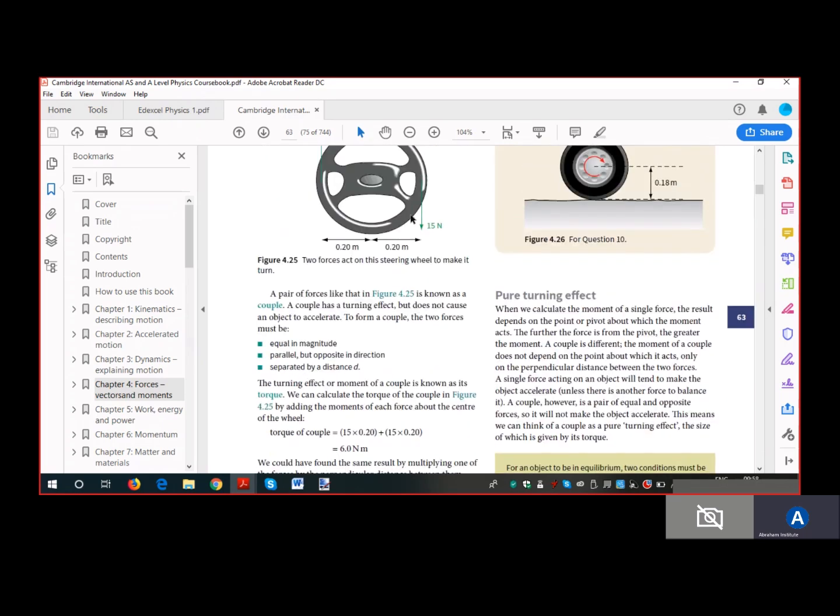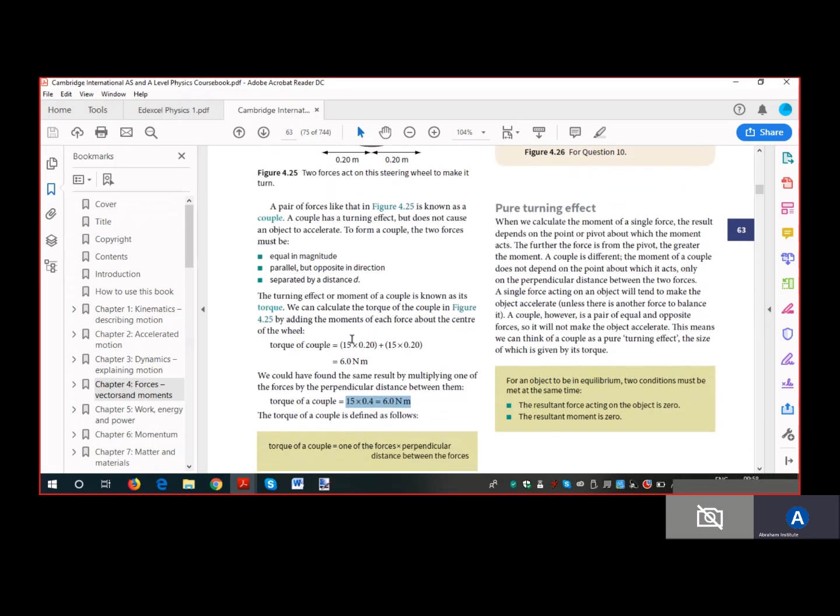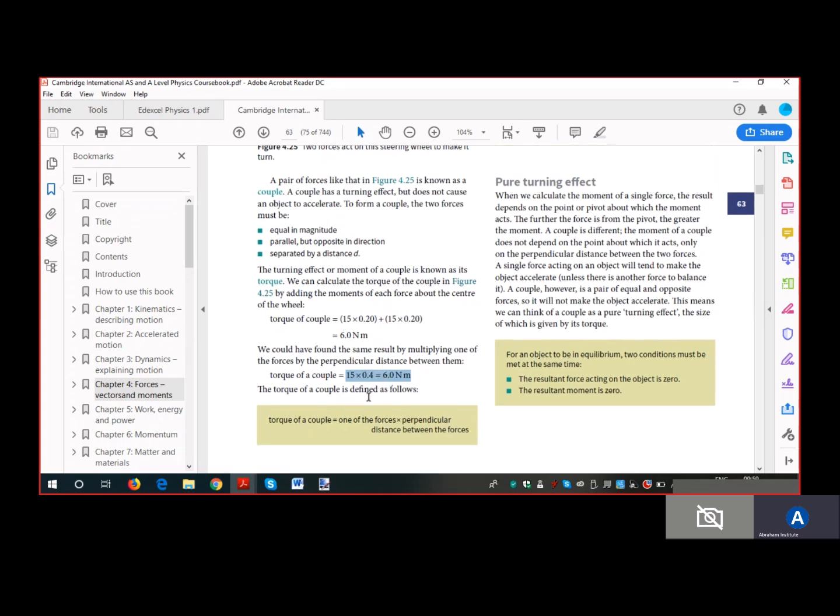So here we have 15 into the distance between them, which is 0.2 plus 0.2, which is 0.4. Or if you look at this equation, you can see this is appearing twice, so you can say 15 into 0.2 into 2, which is actually this. So the equation is this.